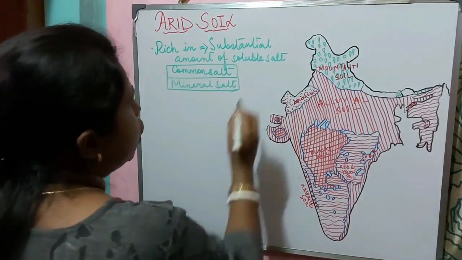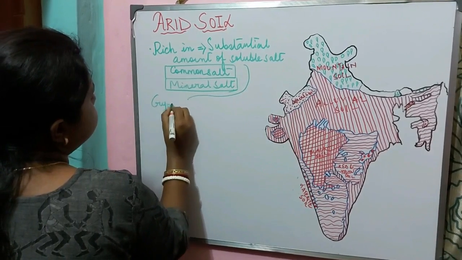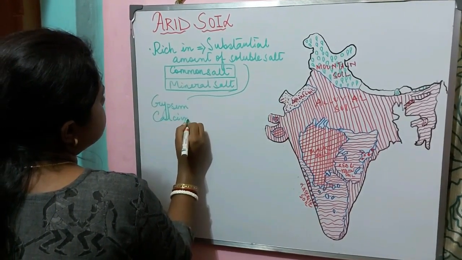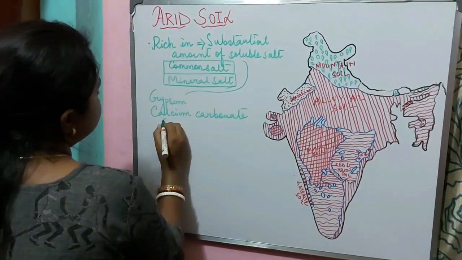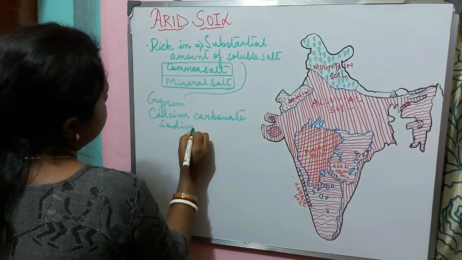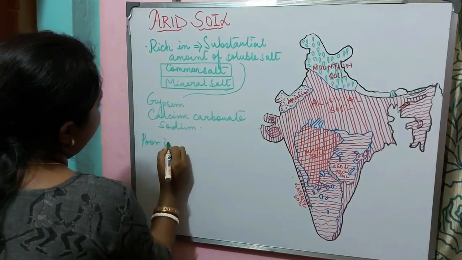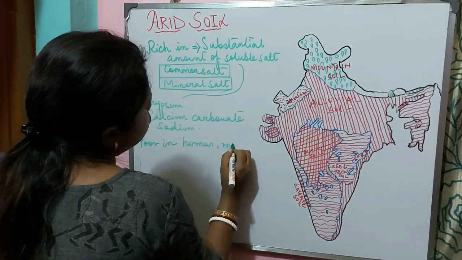So they are rich in soluble salt. What else? Gypsum, calcium carbonate, and sodium. They are poor in humus and moisture.